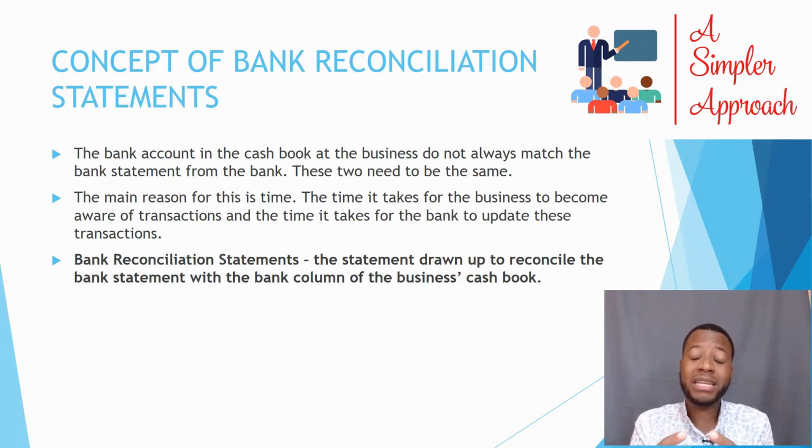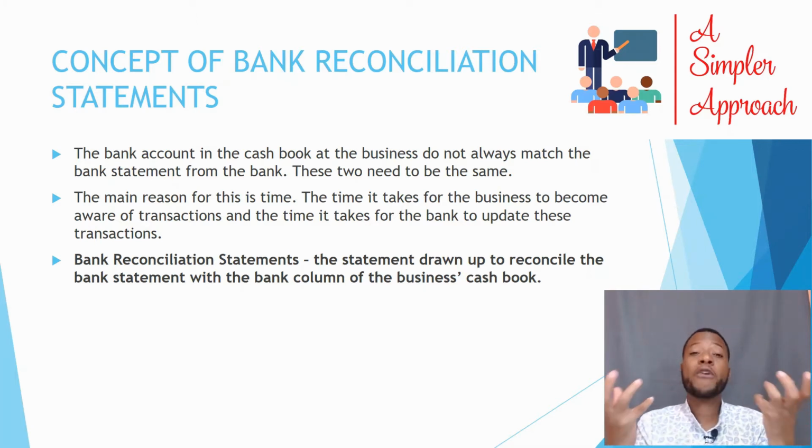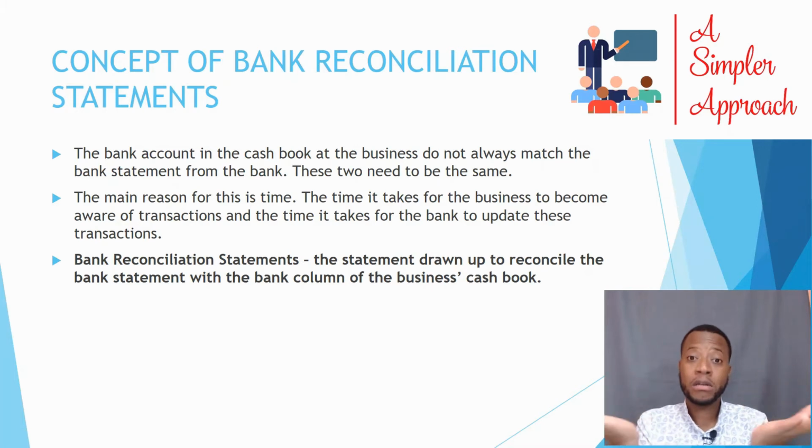It's a statement that is drawn up to reconcile the bank statement and the bank column of the cash book. And by reconcile, we mean allow the two of them to be equal. All right? That's the basis, that's the concept, that's the background of what the bank reconciliation does and what its purpose is. Cool?